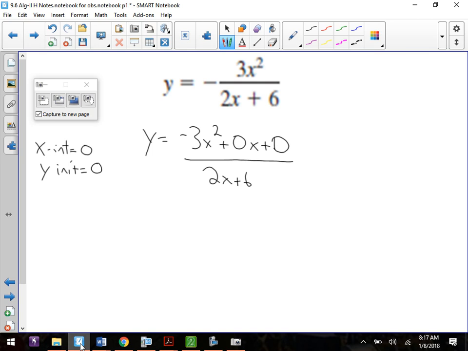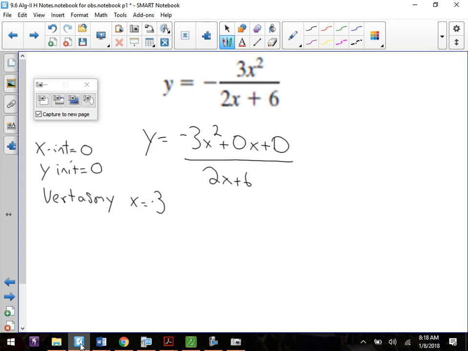If x is 0, I get 0 in the numerator, and 0 plus 6, so it's just 0. Vertical asymptotes. The vertical asymptote is going to be at 0 of the denominator, negative 3.